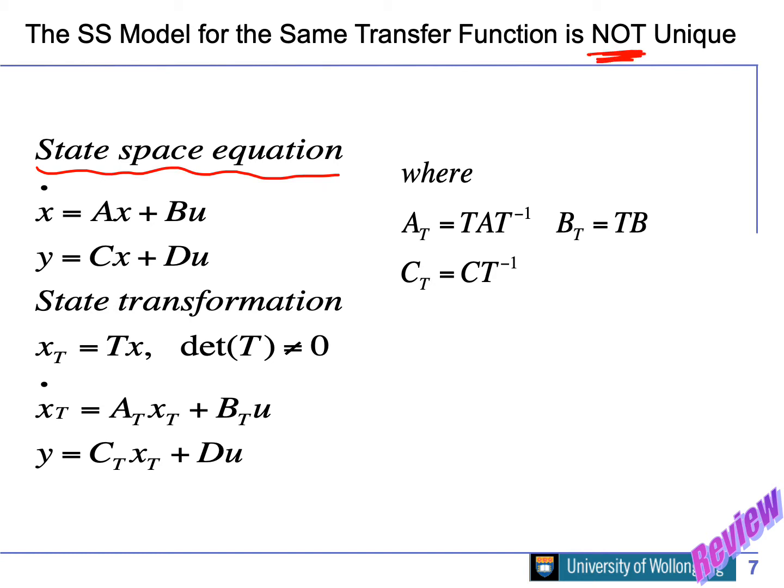If you have one representation with A, B, C, D, and with X, the variable is X, then you can change that variable X to something called xt, just anything, as long as the determinant of T is not 0, meaning T is a full rank matrix.